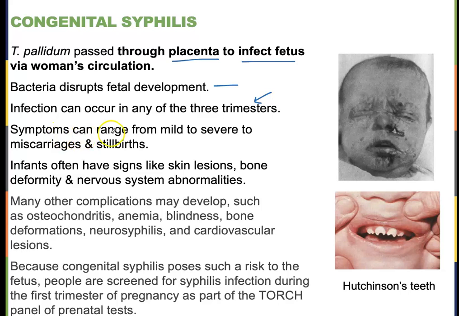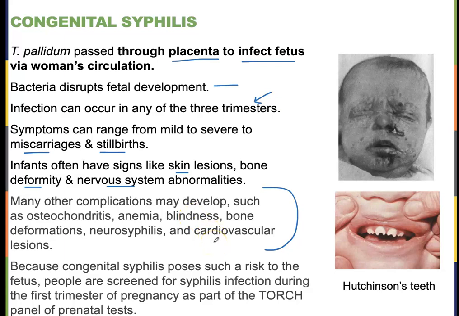So we can see symptoms can range from mild to severe. Miscarriages and stillbirths are possible. Just like our own bodies, they can have lesions in the skin. They can have bone deformity and also nervous system abnormalities. These are some other things that can form. They overlap with adult syphilis, right? Neurosyphilis, blindness, cardiovascular lesions.